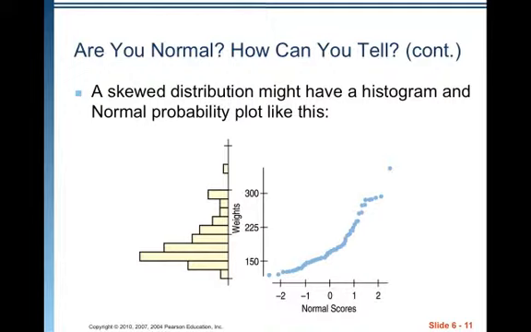Remember, the trail of the tail tells where the skew is, and since the tail is trailing to the right, it's skewed to the right. And you can see that in the normal probability plot, there's a big old curve and a wiggle in it, and so that indicates that our distribution is not normal.